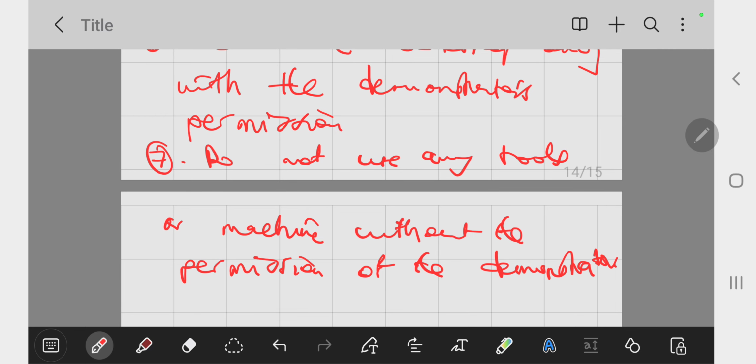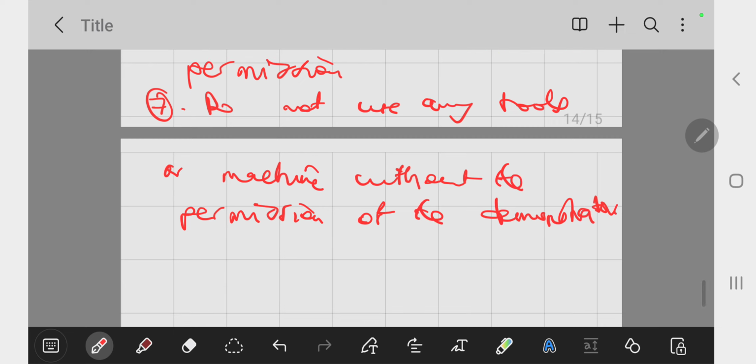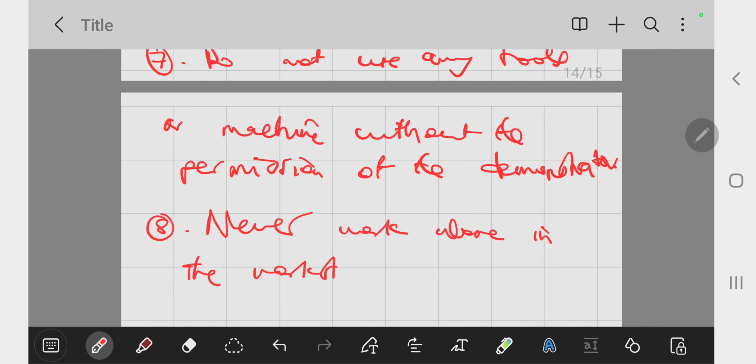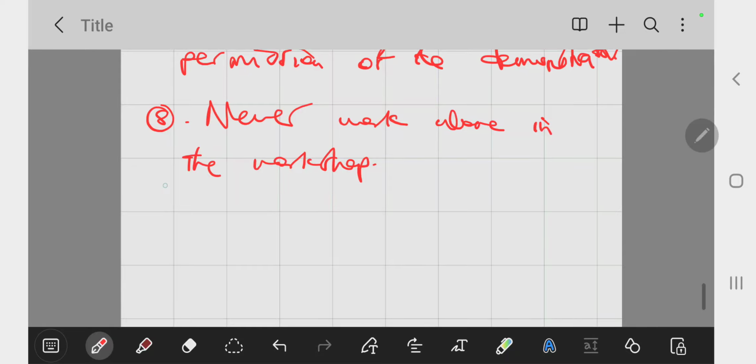Yeah, so actually there are quite a number of workshop safety rules, but let's see if we can go up to 10. So number 8, never work alone in the workshop.